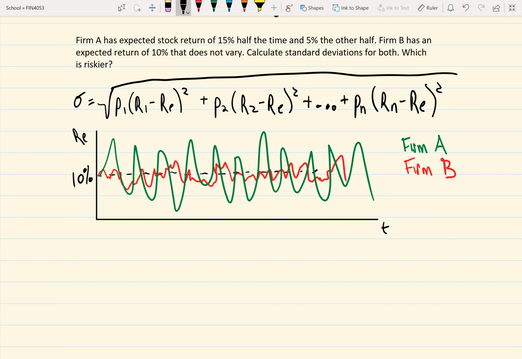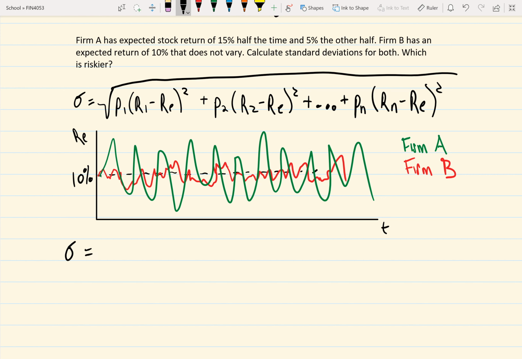Okay, so for firm A, and this is similar logic to the expected return, which is a weighted average. This is sort of a weighted average of volatility. And again, I guess first we have to calculate the expected return, as you can see here in the formula.